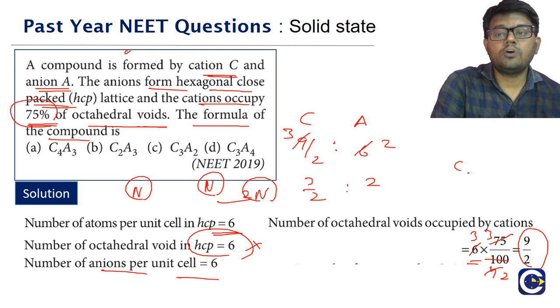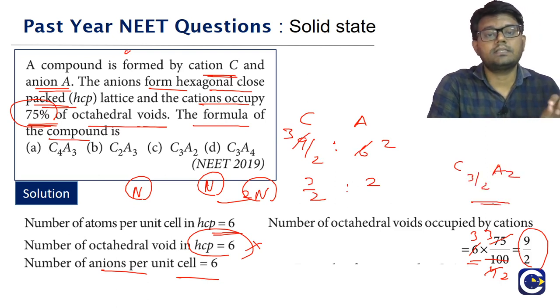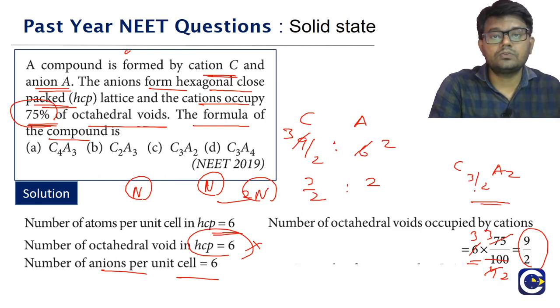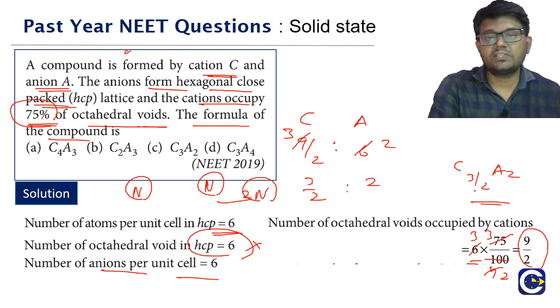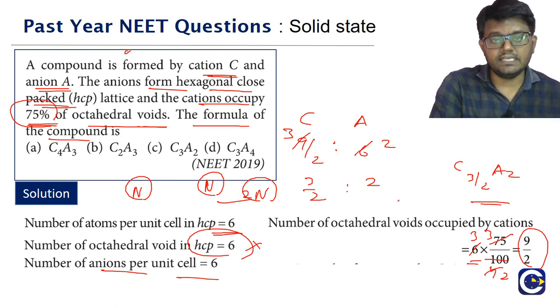We cannot write the formula as C3/2 A2 because the compound formula should always have the number of atoms in whole number form. We cannot have fractions. Fractions we will only represent in very specific cases where we want to express the metal deficiency defects.